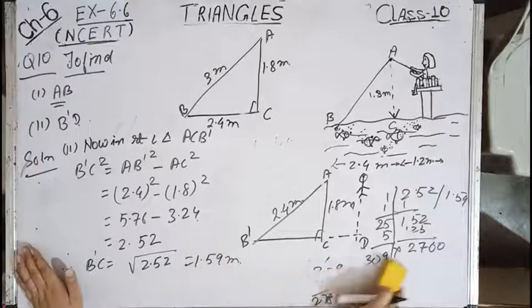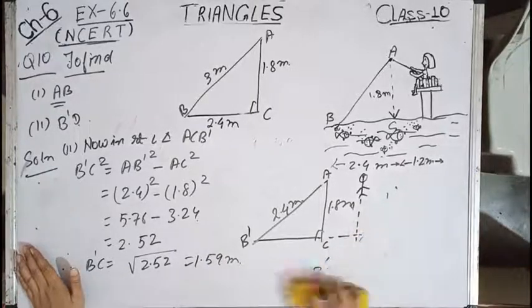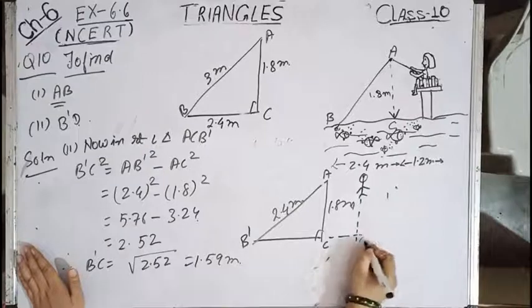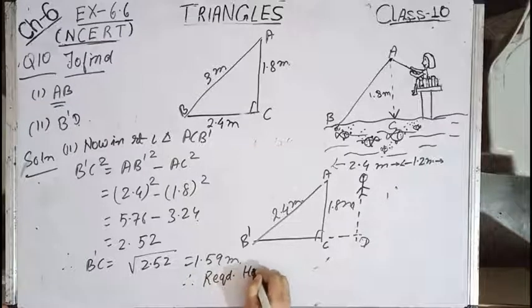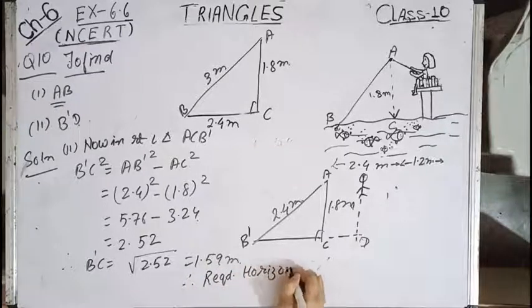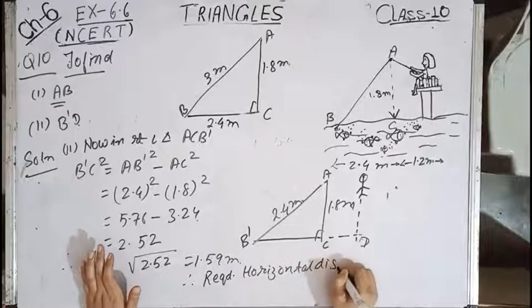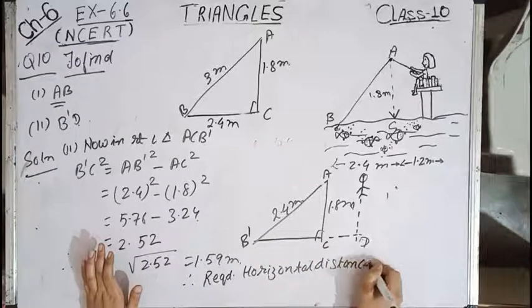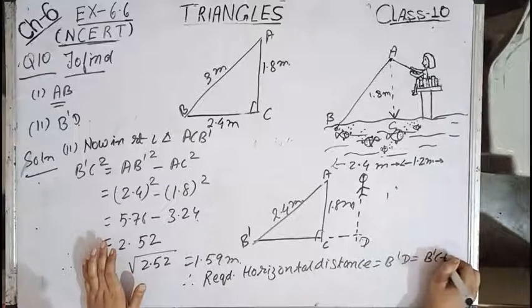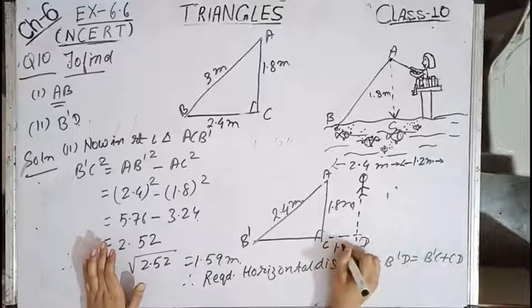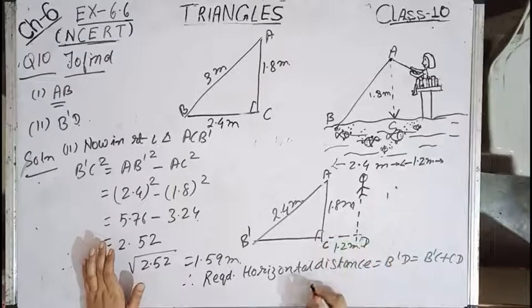Therefore the required horizontal distance equals B dash D equals B dash C plus CD, and CD was how much? 1.2 meter.